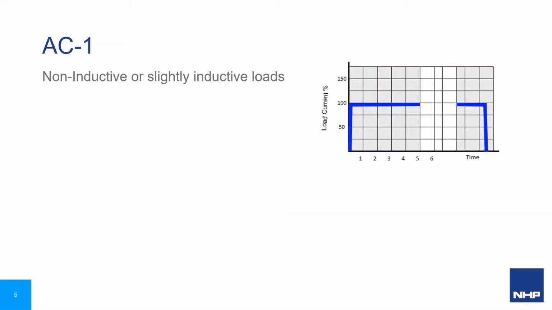The load types for utilisation rating of AC1 are of a resistive load type or slightly inductive in nature. As the contactor closes and applies full voltage, these loads have a starting or inrush current which is equal to its full load running current, with running current seen as the contactor opens.